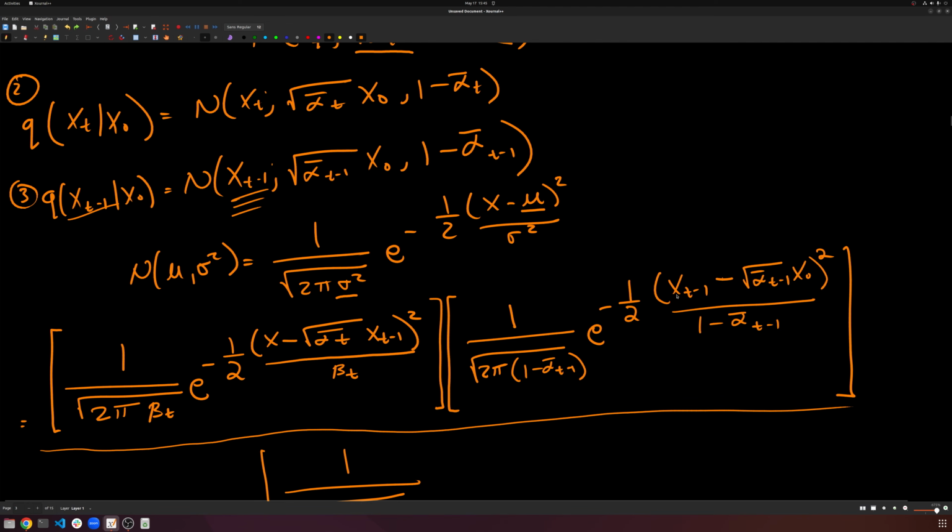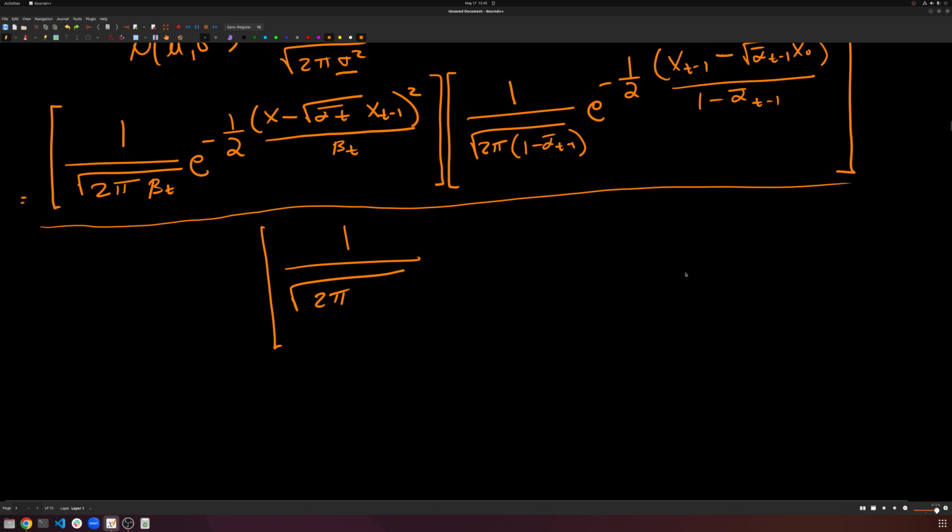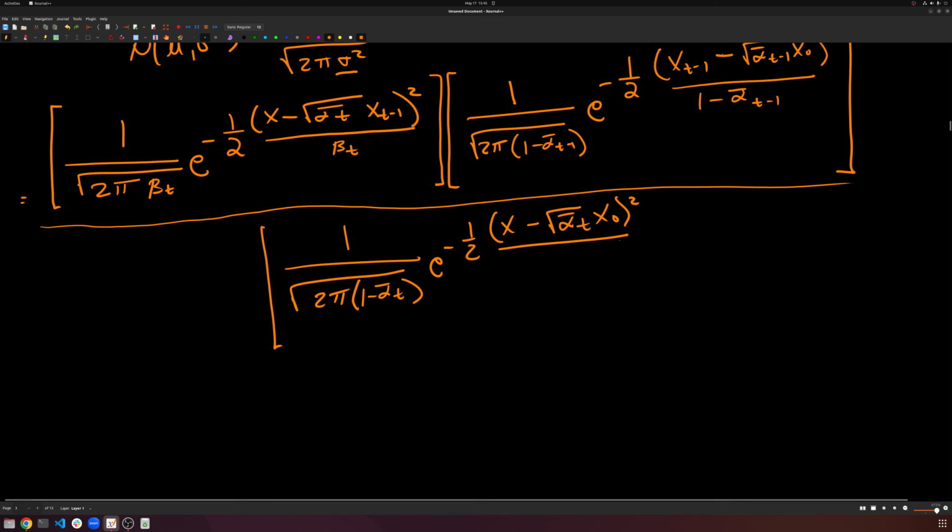It's just instead of using x_{t-1}, we'll have x_t. So nothing else really changes, so we can just copy it. It's going to be 1 minus alpha hat t, and then e to the power negative 1/2 times x minus square root alpha hat t x_0, squared, divided by 1 minus alpha hat t.